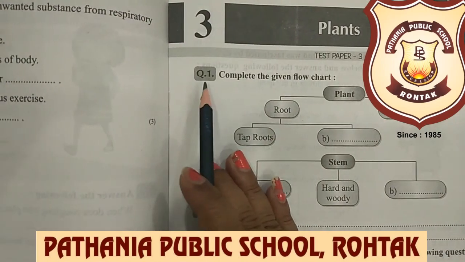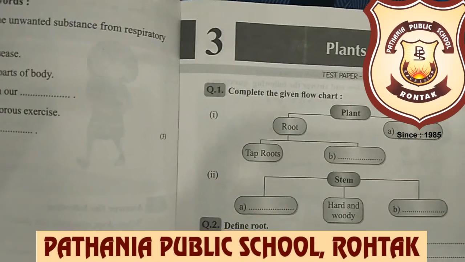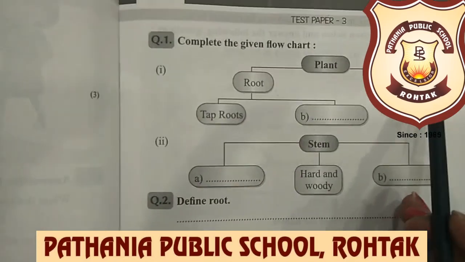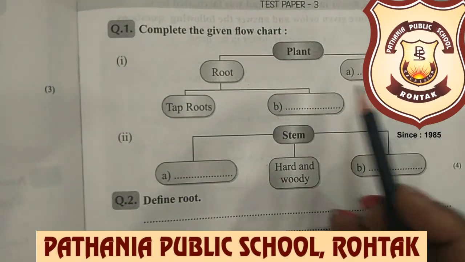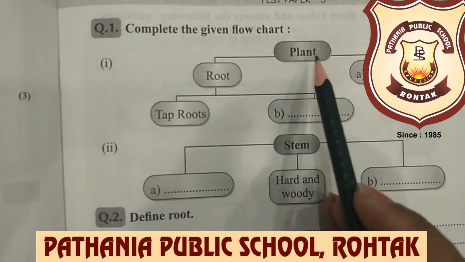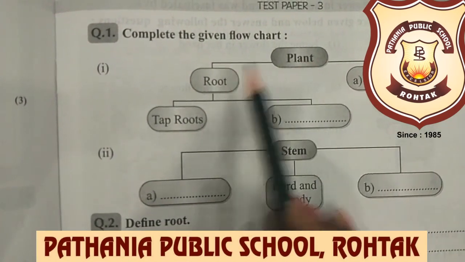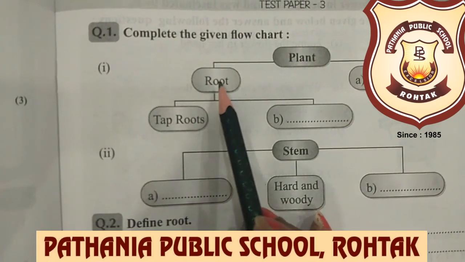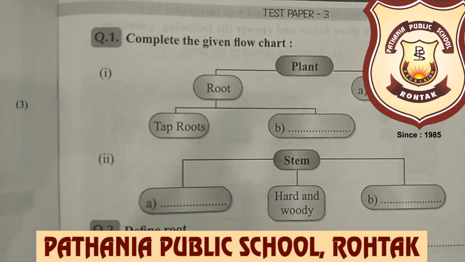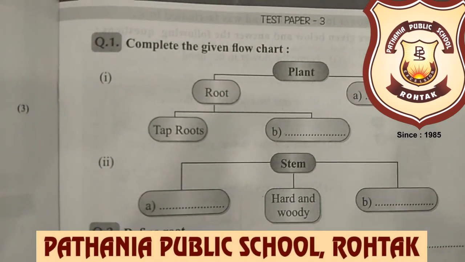Now beta, we will read the first question. The first question is: complete the given flow chart. One flow chart is given to us, and we need to fill the blanks. Now first is plant. Here is one clue, root. Root is one of the systems of the body of a plant.